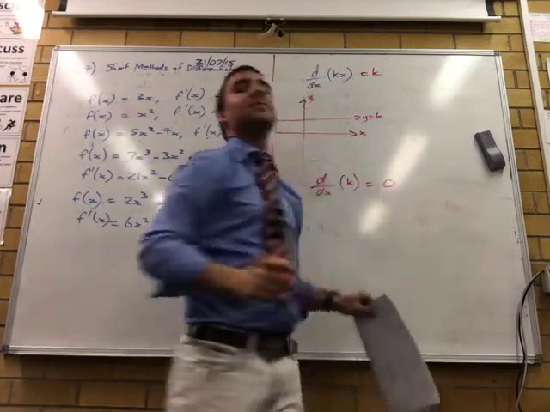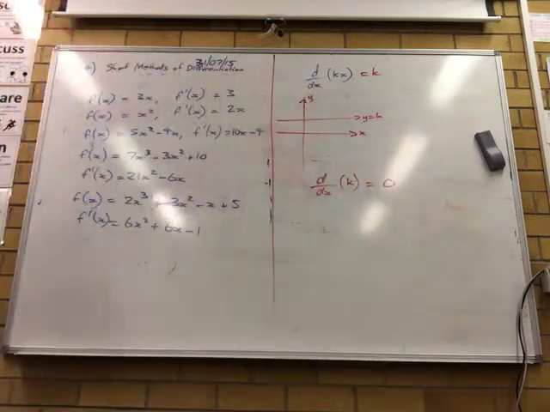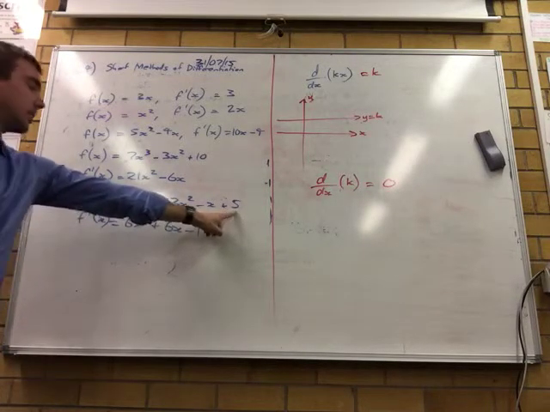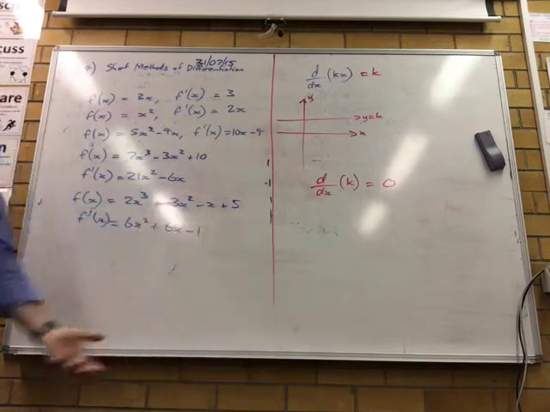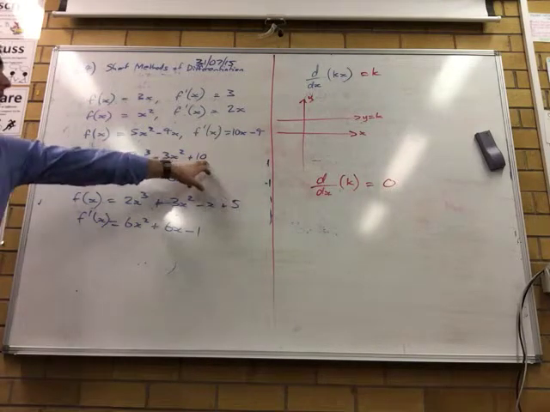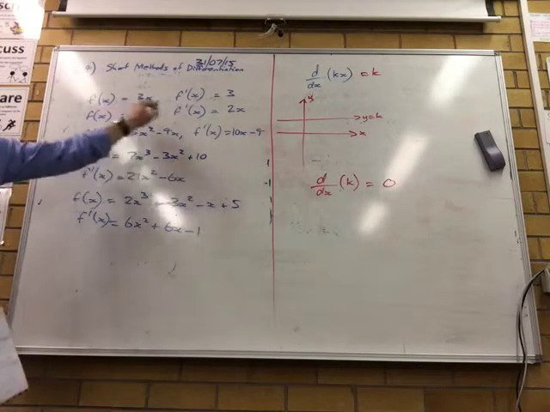So in other words, if you differentiate a constant number without any letters with it, it's going to be 0. Like here, you differentiate 5, it goes to 0. Differentiate 10, it goes to 0.